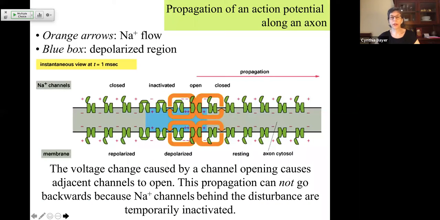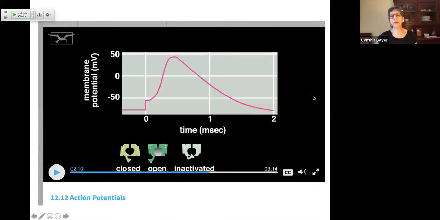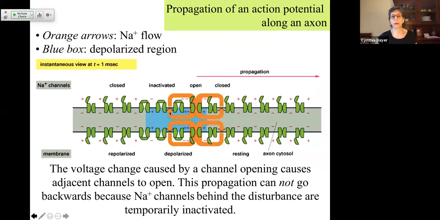Now, one question that we might be concerned about is, how is it that our membrane, even in a resting state, is polarized? And how is it that, in order for all of these membrane potential changes to occur, when a sodium ion channel is open, the sodium ions are able to enter the cell and then change the membrane potential?